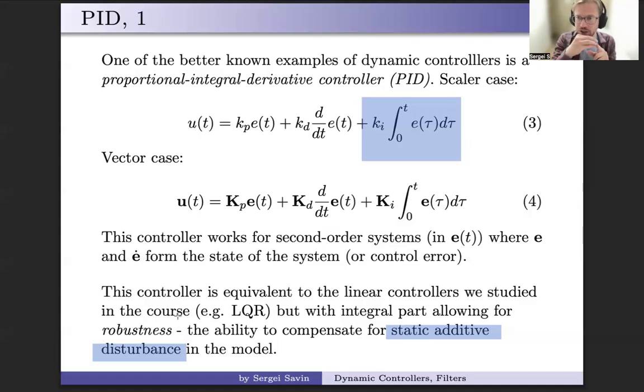And essentially, as soon as you start to stay on the trajectory, this integral component of your PID feels like it is completely useless. Like you didn't actually need it. You just wanted to arrive to the trajectory and start following it. You didn't have to have this integral component.